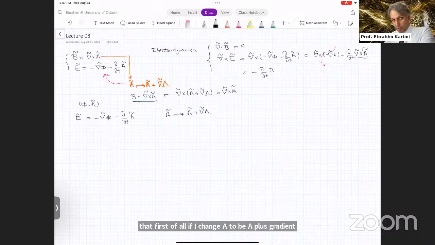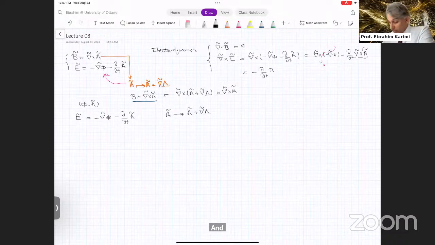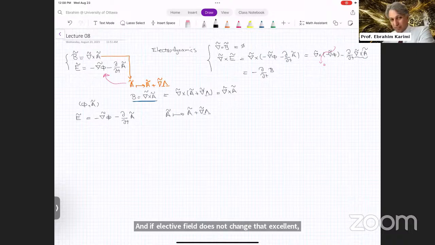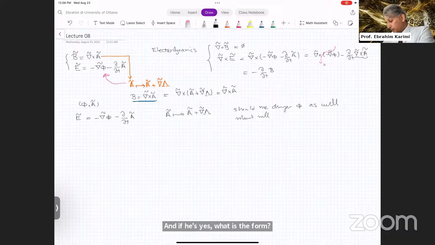B does not change, but what happens with the electric field? If the electric field does not change, that's excellent. But if it changes, should we change phi as well? And if yes, what will be the form?